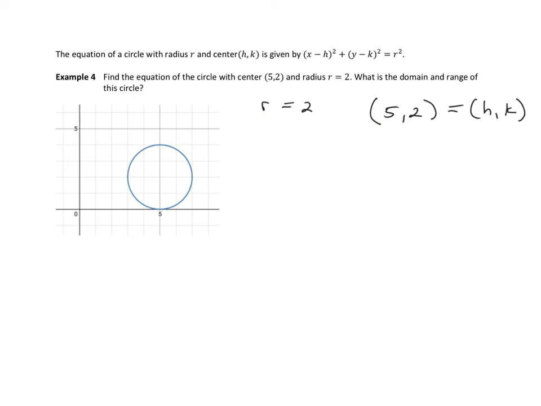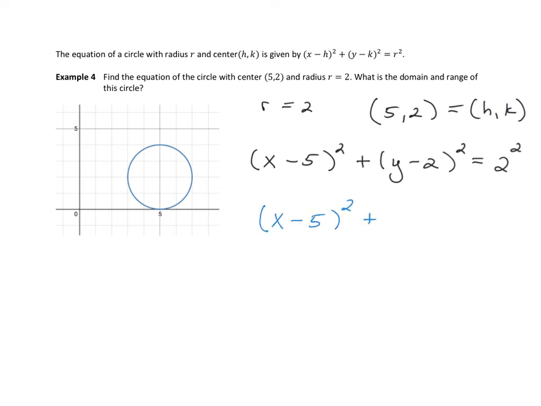And if we plug that into the formula above, we get x minus 5 squared plus y minus 2 squared is equal to the radius, 2, and we're squaring that. There's nothing really left to simplify. Certainly you could square these two terms out. The only thing I'll change is write 4 instead of 2 squared. So here's my answer. It's x minus 5 squared plus y minus 2 squared is equal to 4.